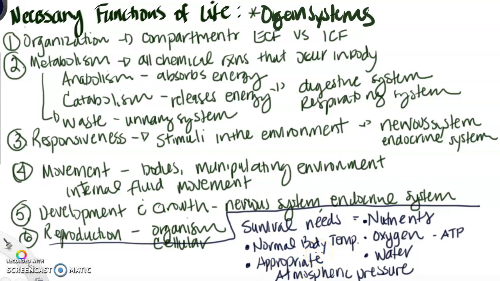There has to be a difference, a gradient, for that to occur. So oxygen in and carbon dioxide out. It's not just getting oxygen, but also getting rid of the waste, which is CO2 created by metabolism. So those are the necessary life functions, and those are the survival needs that we have to have in order for these functions to occur.